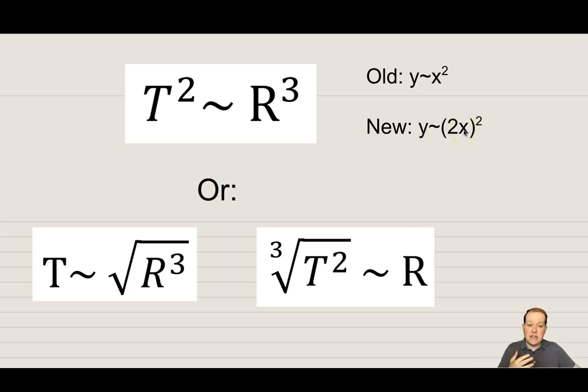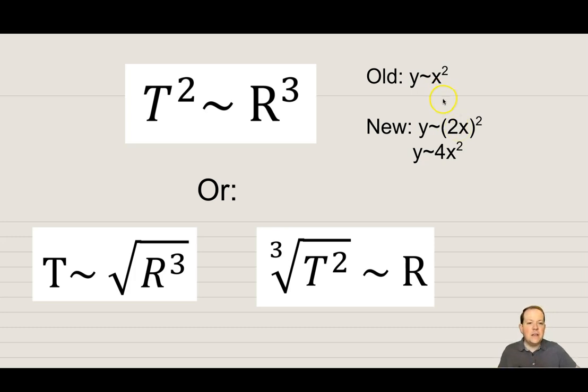Because x is being doubled, I use these parentheses. And the rule of math is, if I'm raising this to the second power, I have to raise both of these to the second power. Meaning, 2 squared is 4, x squared is just x squared. So that's how I go from this line to this line. I have to square both things in the parentheses.